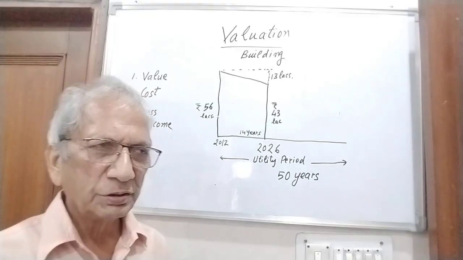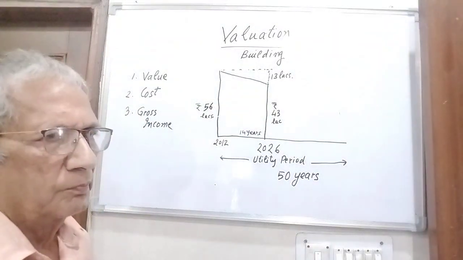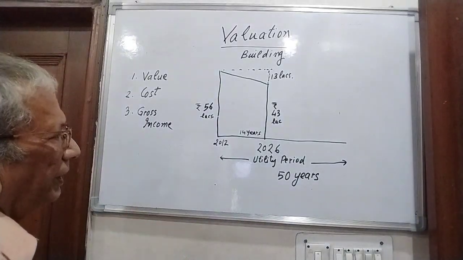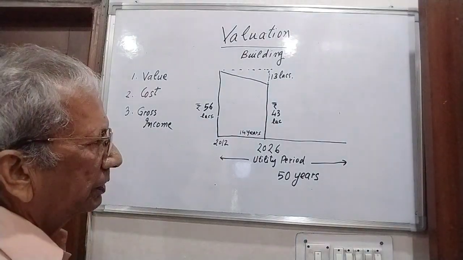All this expenditure has not been subtracted. The gross income we get from the customer is called gross income.